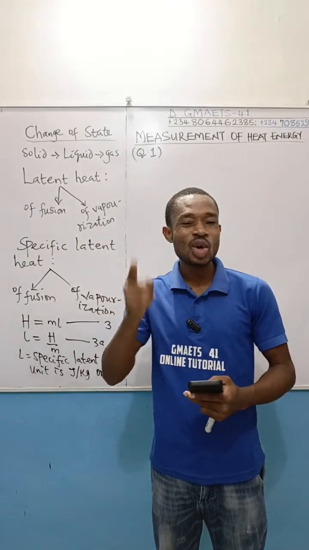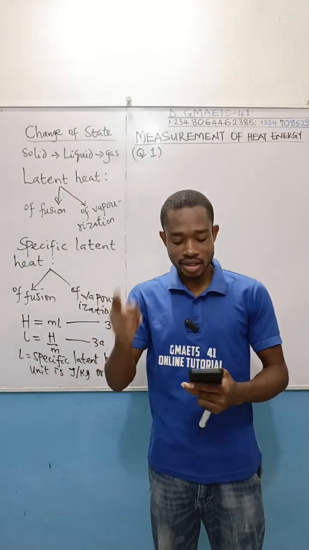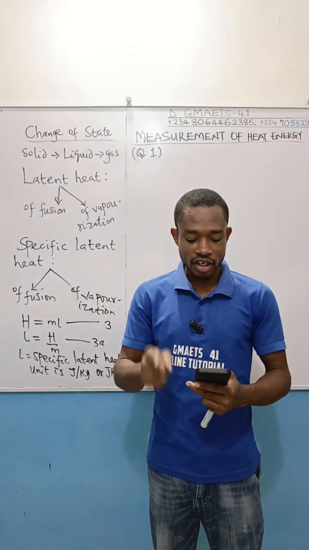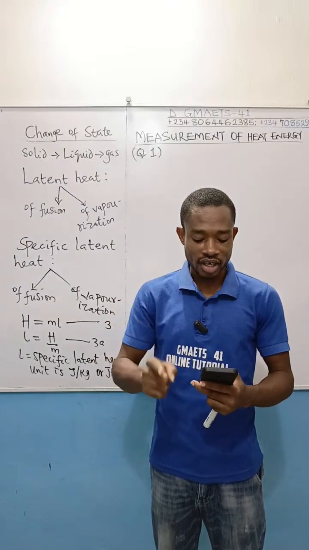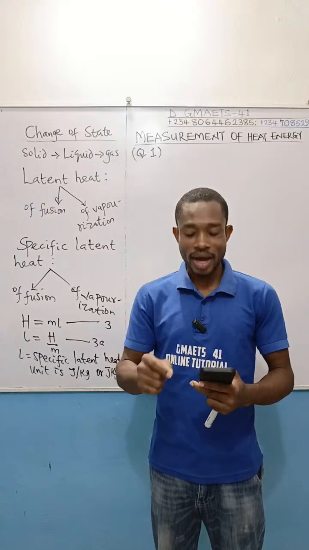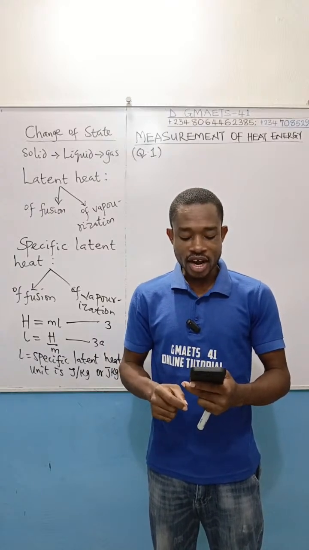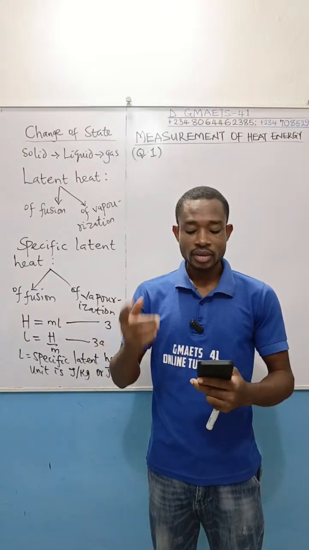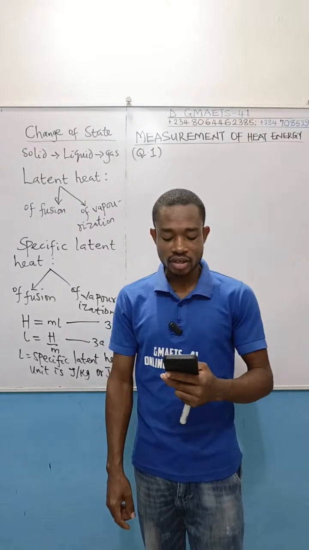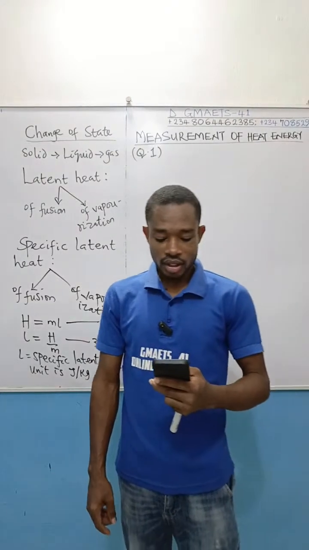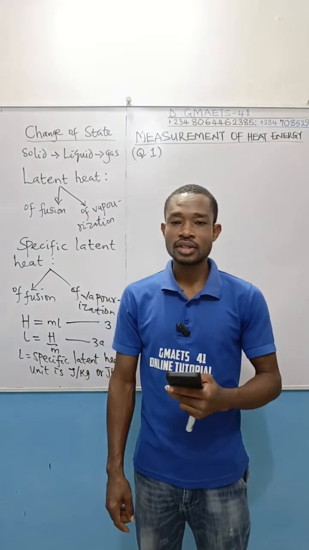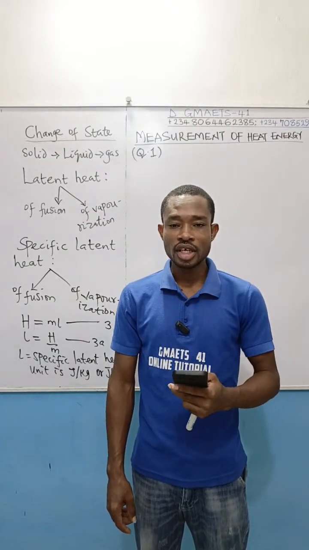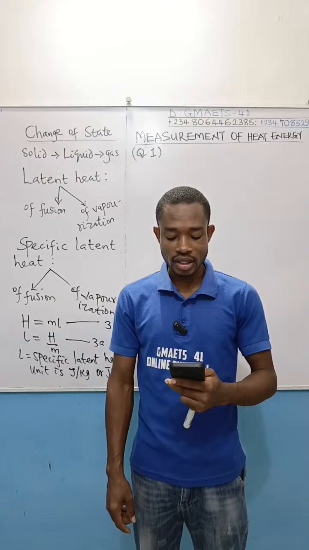Taking the specific heat capacity of lead to be 130 joule per kilogram per degree centigrade, the final temperature is: A, 45 degrees centigrade; B, 37.5 degrees centigrade; C, 30 degrees centigrade; D, 22.5 degrees centigrade.